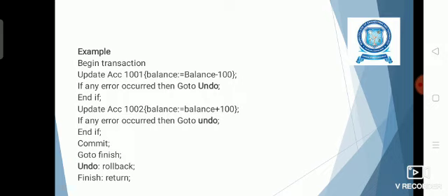If any error occurs, it goes to the undo loop, and the transaction is forced to roll back. If no error occurs, the commit is executed and the transaction is permanently updated in the database. Then the transaction goes to the finished state.